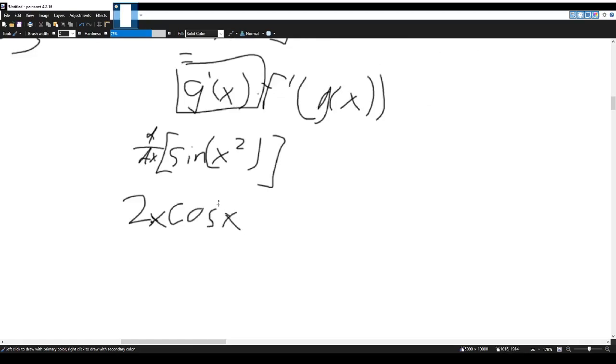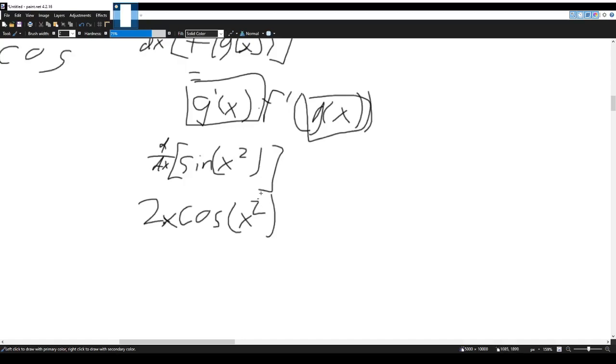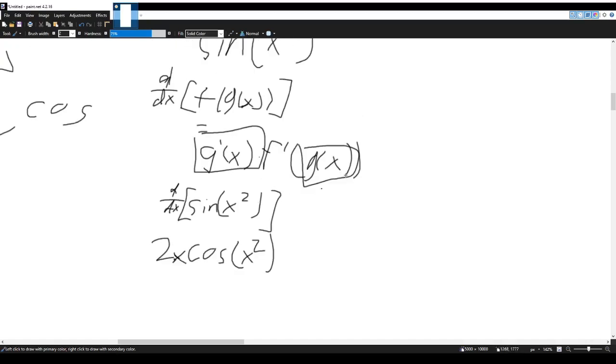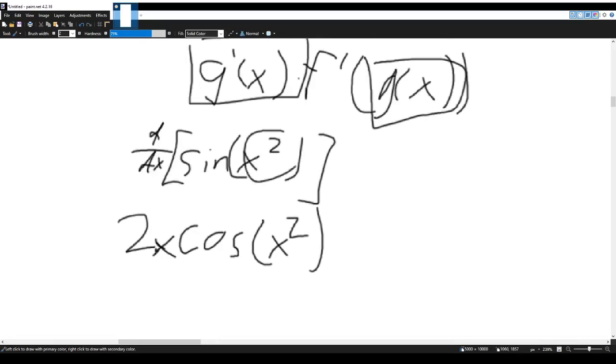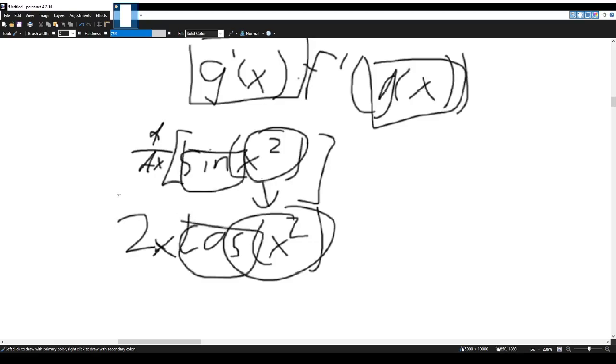But remember, we don't want x, we want to replace x with g of x, so x squared. A crucial thing to notice is that the inner function, g of x, stays the same. From here to here, g of x is in both. f of x changes, and this new thing pops out, but the inner function stays the same in both.